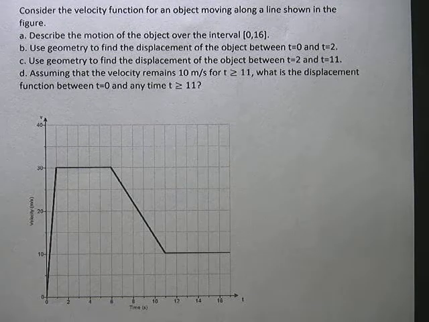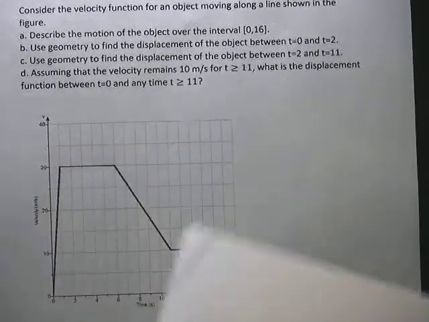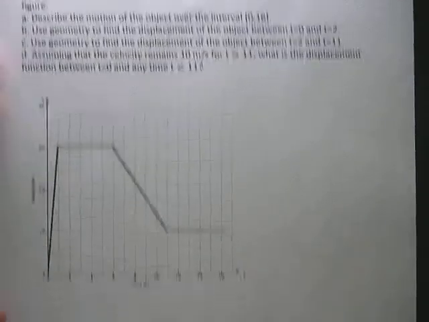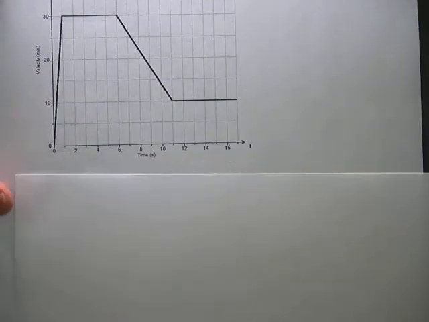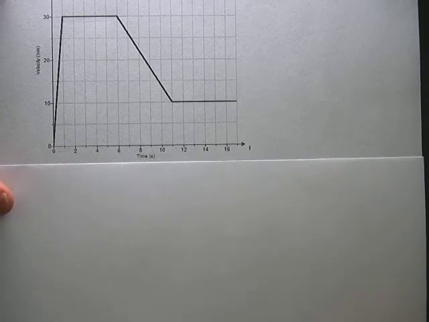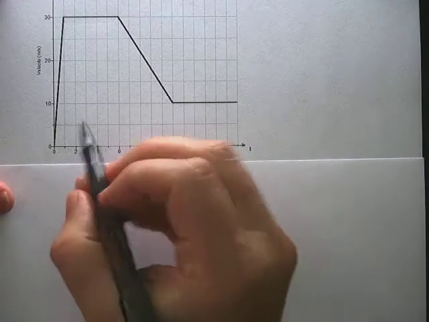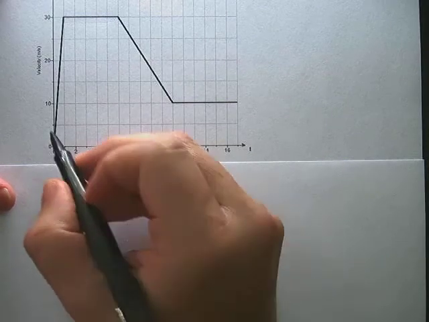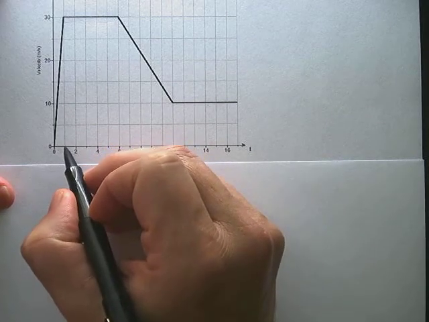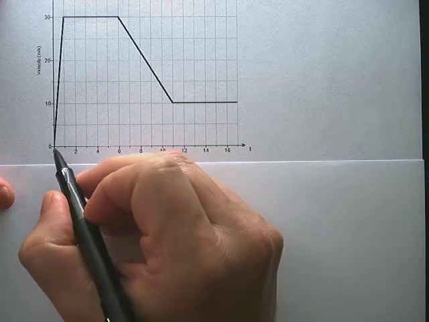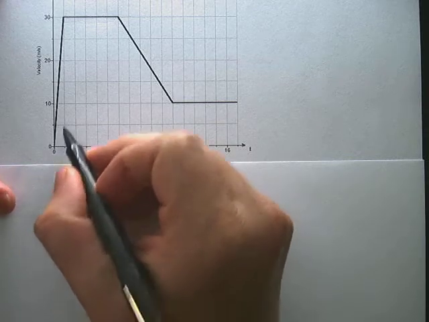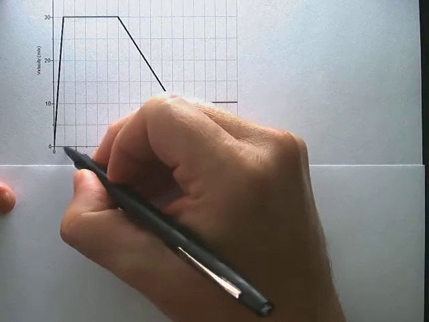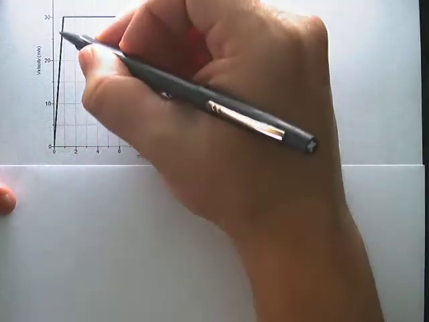Use geometry to find the displacement of the object between t equals 0 and t equals 2. So what we're looking for is the area under the curve here. I'm going to split this up into two sections. I've got this triangle right here that has a length of 1 and a height of 30.